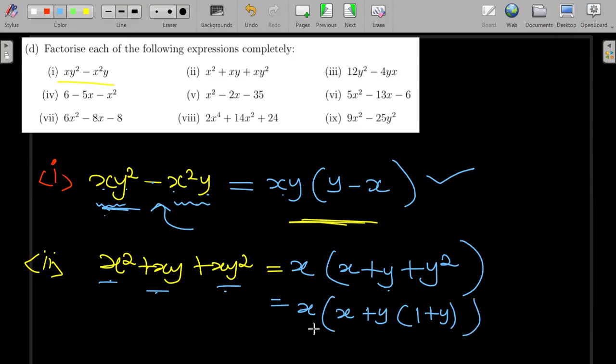So this expression here is factorized completely. There's nothing that has remained that is not factorizable. We factorized it completely. Unless there are any questions. If there are no questions, I'll proceed.